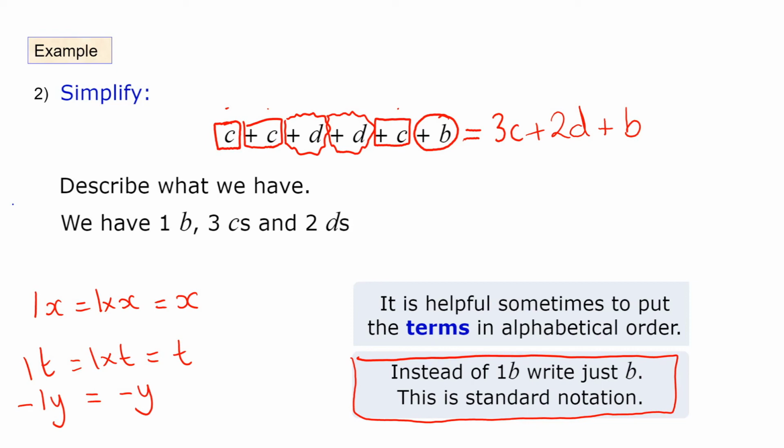Okay, so that's the notation. And also what sometimes you may prefer to do is write these in alphabetical order. You get the marks for either of these, okay? So for both of these, you'd get the mark for simplifying. So you don't have to put them in alphabetical order, but you may like to.